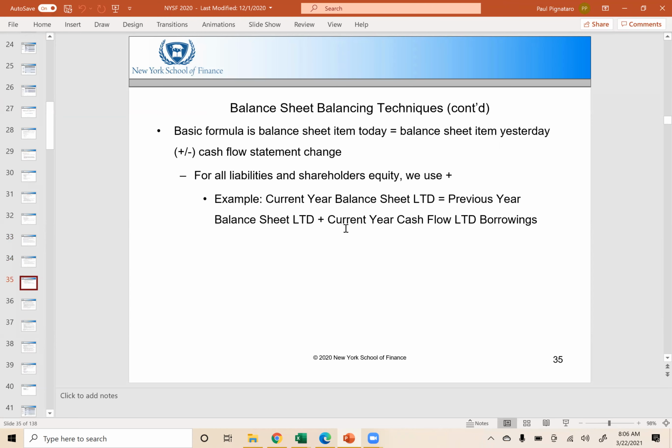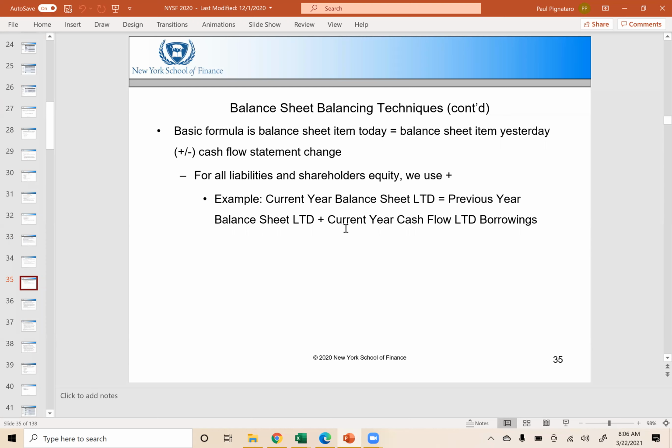For liabilities or shareholders' equity, it's a plus. So for liabilities and shareholders' equity, the projected balance sheet item equals last year's plus the liability or shareholder equity change, plus the cash flow. You can think about debt, for example. If you were to borrow debt, you'd get money.